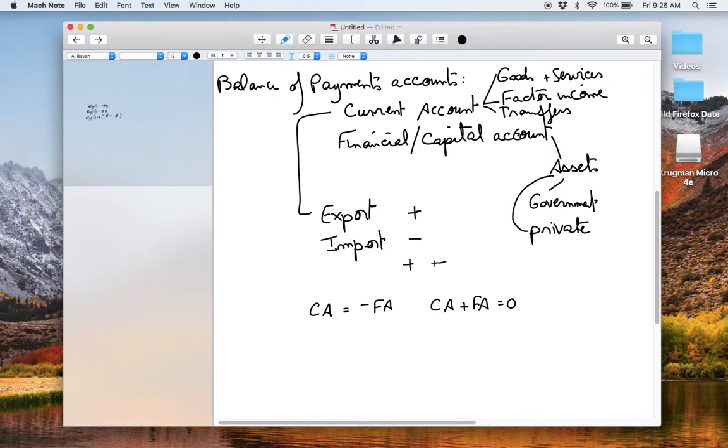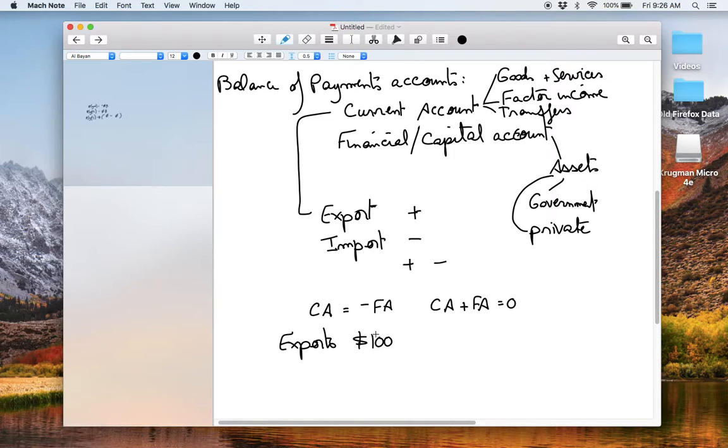Let's say exports are $100. So somebody wants to buy $100 worth of American goods. In order to do that, they would have to change their money into dollars so that they can buy and pay for the $100 in exports.